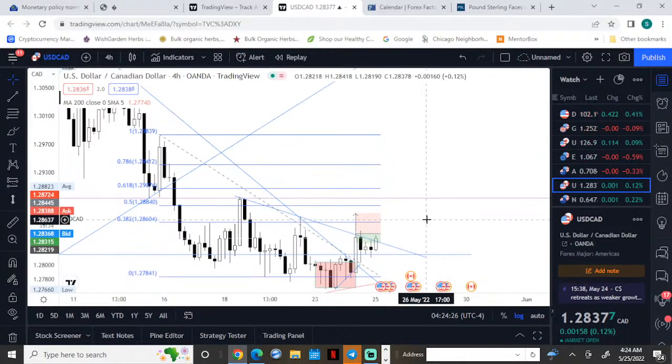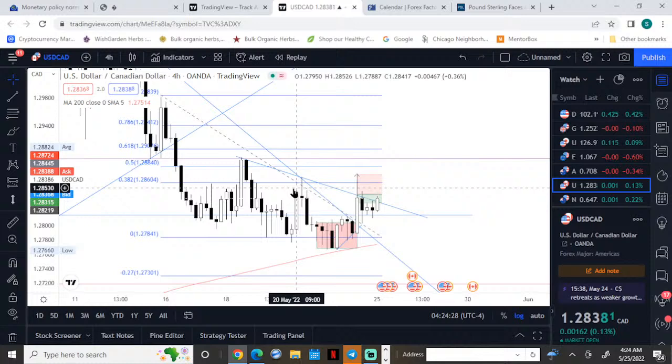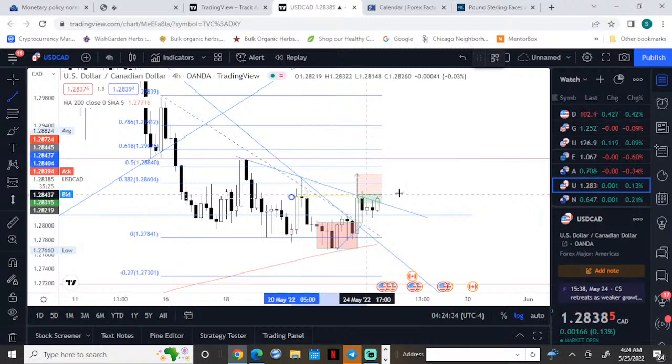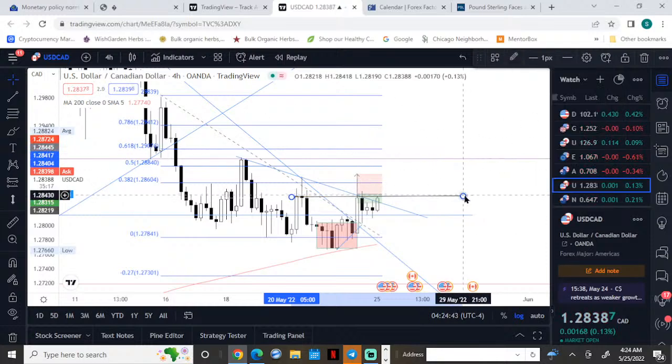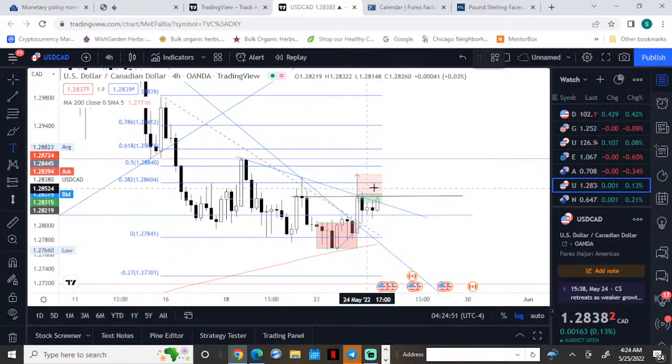Let's see. I'm going to mark it right here, and we're going to label this BOS for break of structure.